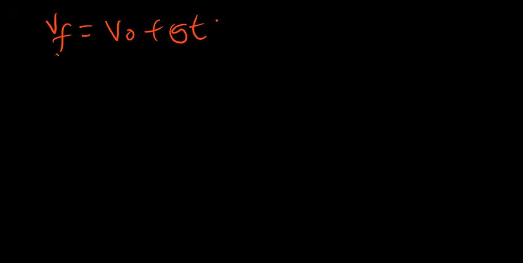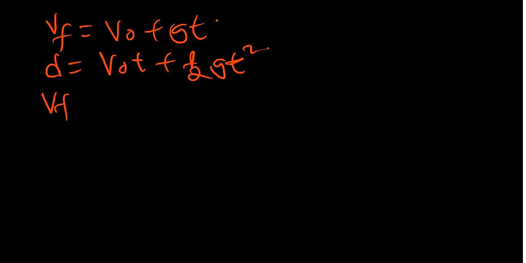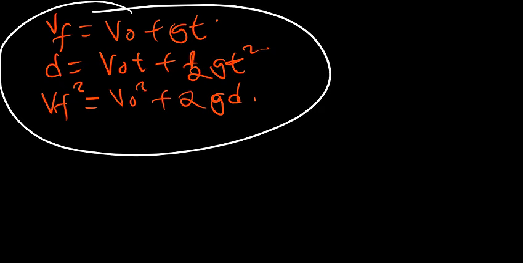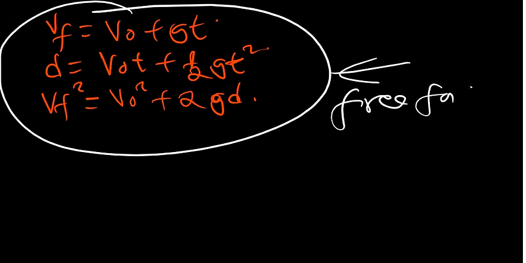The second one is d is equal to v initial times t plus half gt squared. The third one is v final squared is equal to v initial squared plus 2gd. These formulas we use under free fall motion.